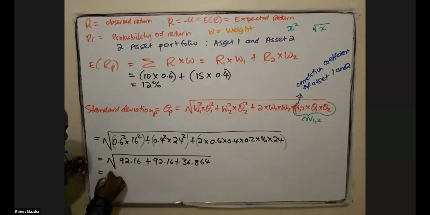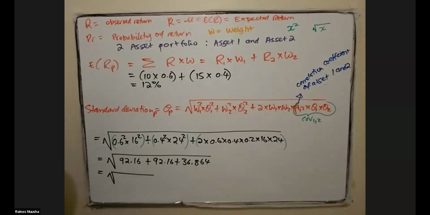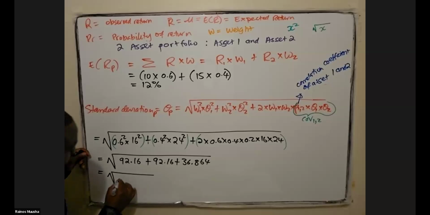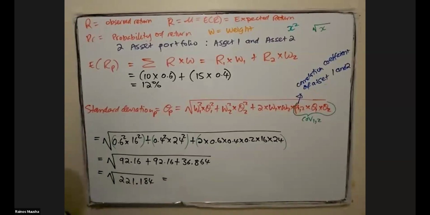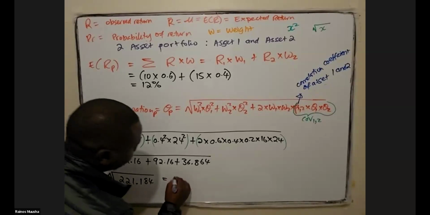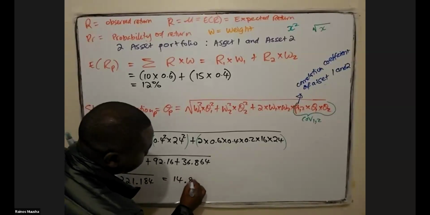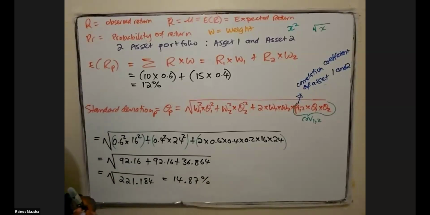Then, when you're going to look for the square root, you're looking for the square root of the sum of these values, which means the square root of 221.184. And the square root of that gives you an amount of 14.87. Are we on the same page?